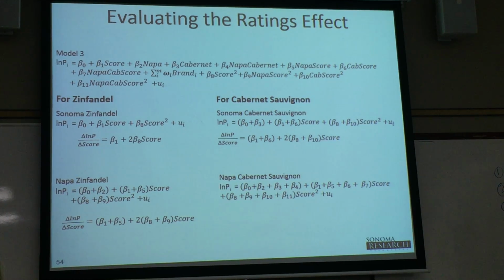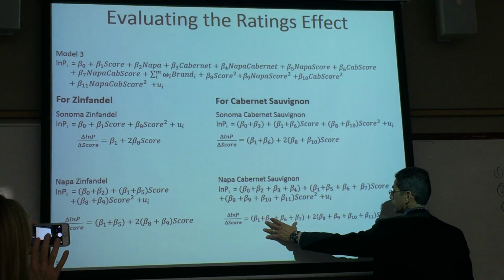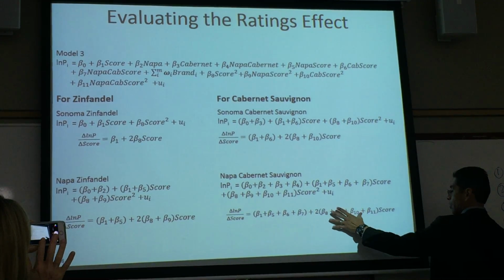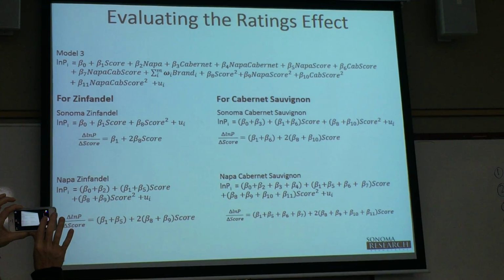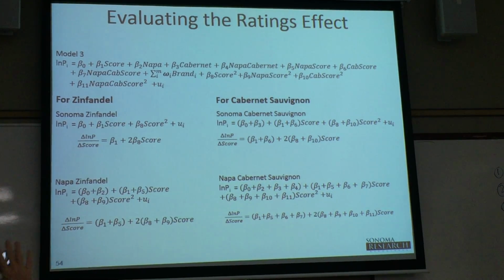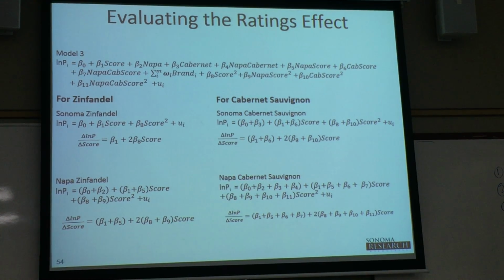Okay, and then for Napa CAB, we're gonna end up with, again, the same thing: the coefficient on score plus 2 times the coefficient on score squared times score. So it's the same pattern over and over. And if you're outregging into Excel, these are just cells.